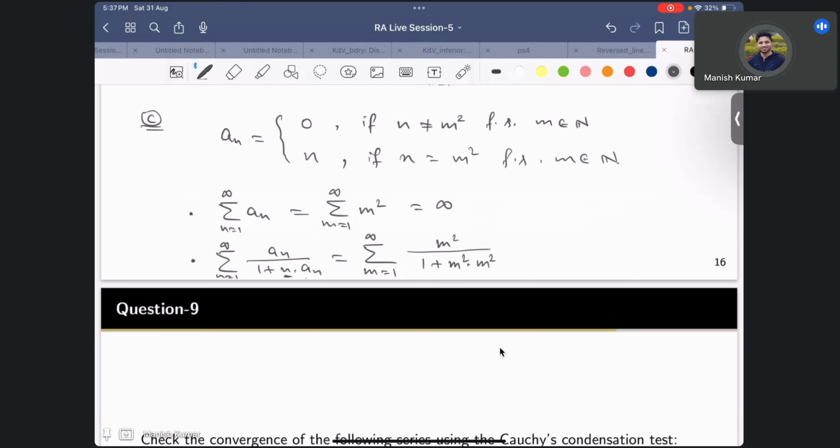Now we have m square times m square. So basically, when n is m square, I am increasing the power by one more power. So this a_n upon n times a_n, when this cancels out, I am getting 1 by m square, and that's why I have defined the sequence in this way. So now this is 1 by m square actually. That is the change that has been done over here.